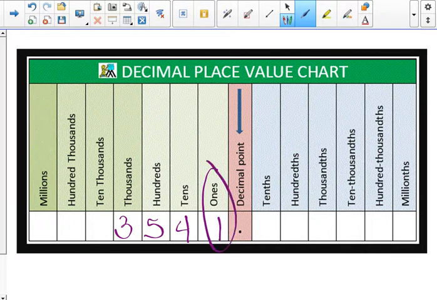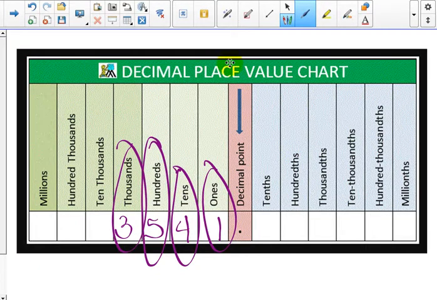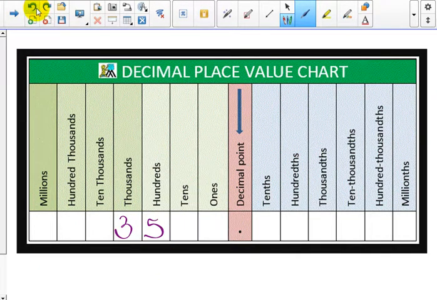That means I have 1 ones, I have 4 tens, that makes 40, 5 hundreds, which makes 500, and 3,000 makes 3,000. So after you get to the decimal point and you move towards the right, you're talking about partial numbers. So their places are slightly different.